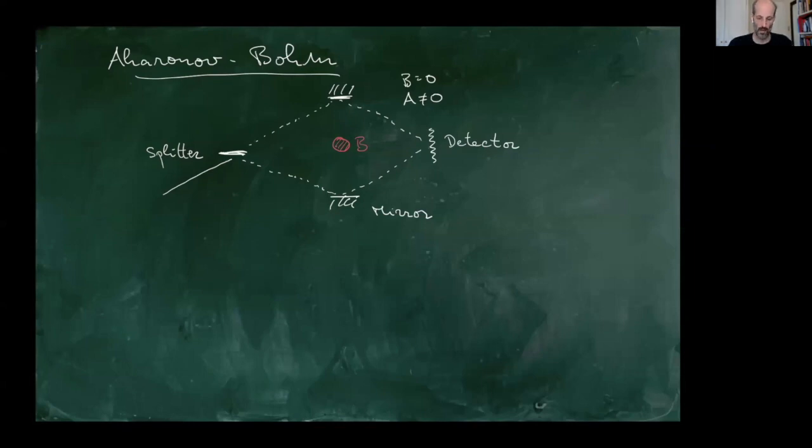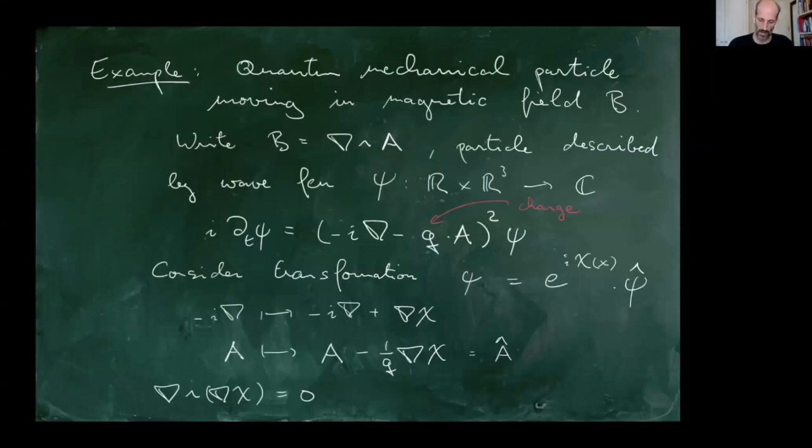Right? And what this calculation tells you is that if you compare the phase that you pick up along the two possible trajectories, there is one contribution that comes from the fact that you actually move in space. The phase changes as you move just because of the momentum of the particle.